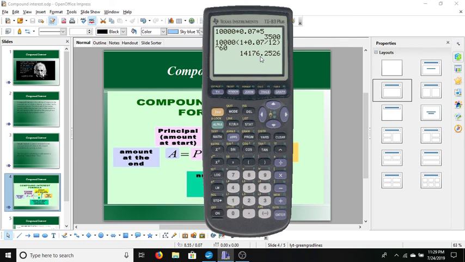See, in 5 years we have a difference of 4,176 minus 3,500. That's a difference of $676.25 just in 5 years. So if we extended that out to 20 years, the difference would be even more dramatic.